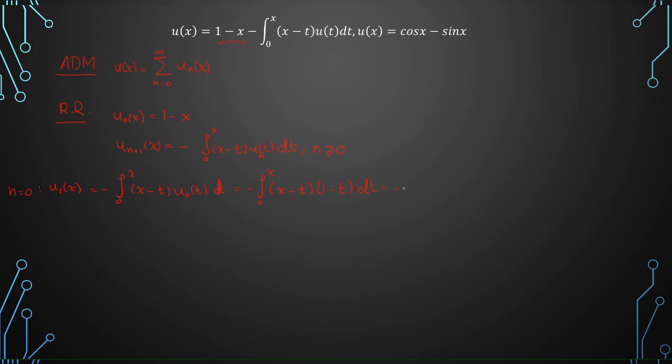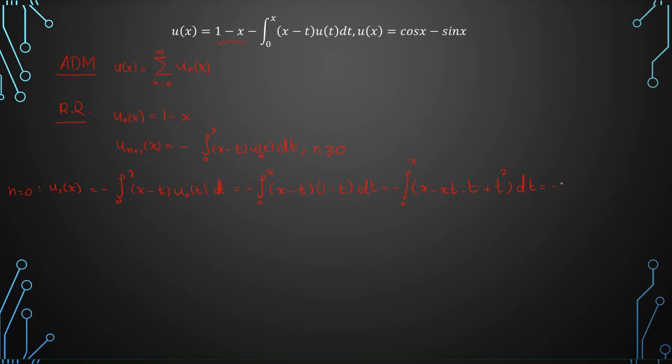This will be equal to minus the integration from 0 to x of x minus xt minus t plus t squared dt. Now let's do the integration.